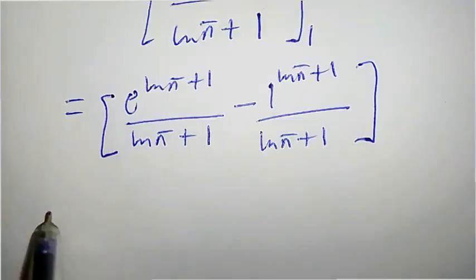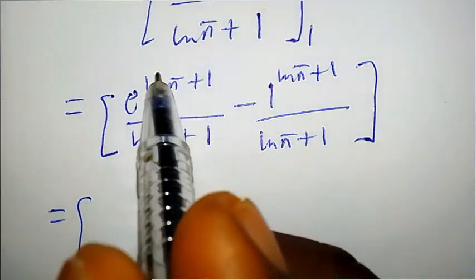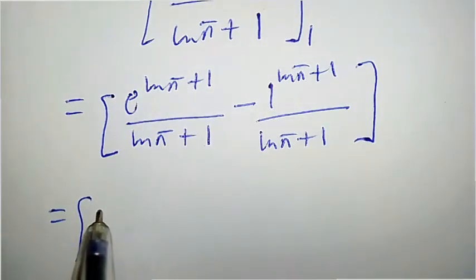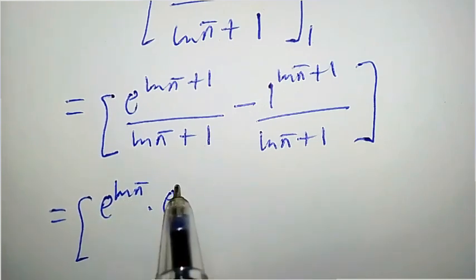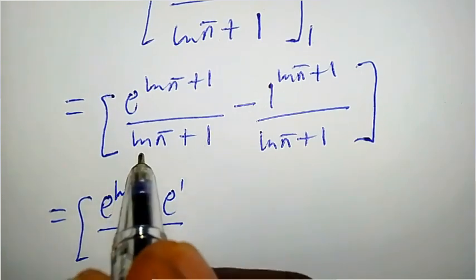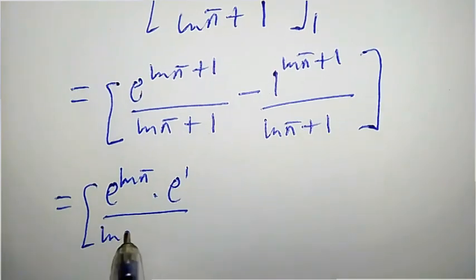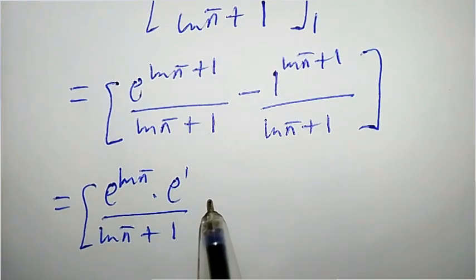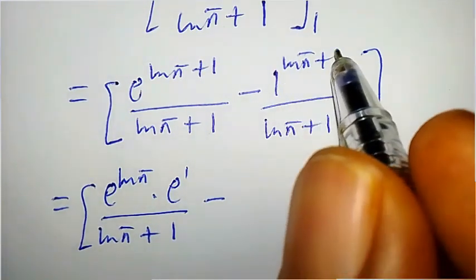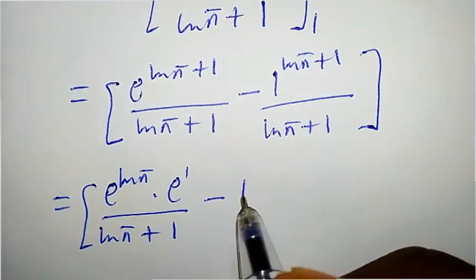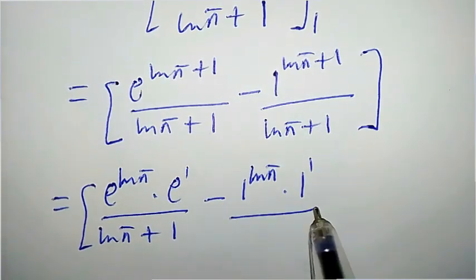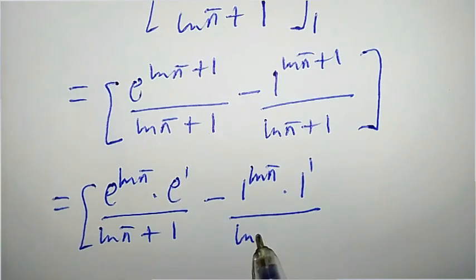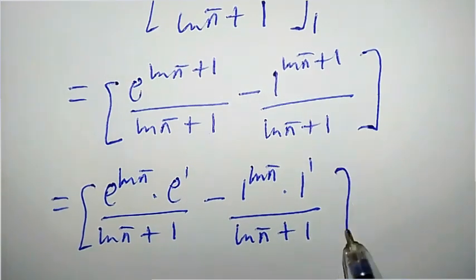This is equal to, considering this numerator, we can write it as e to the power of ln pi times e to the power of 1, over denominator ln pi plus 1, minus, this numerator could be written as 1 to the power of ln pi times 1 to the power of 1, over ln pi plus 1.